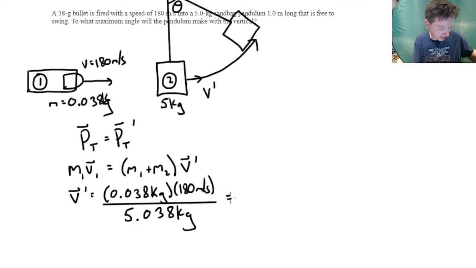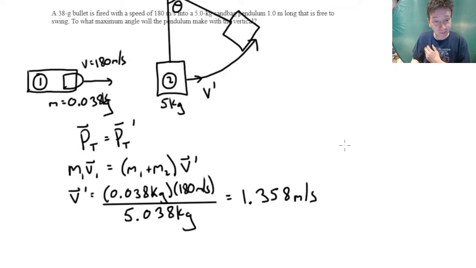All right, so we can take out calculators. 0.038 times 180 over 5.038. So we get 1.358. I have a couple extra significant digits because we're only partway through the problem. Meters per second.